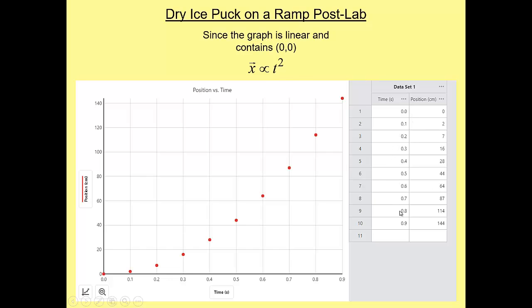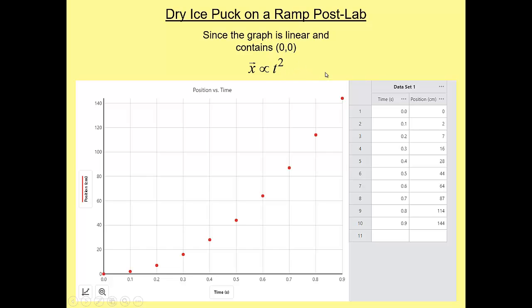Quadruple the time from 0.2 to 0.8, and yeah, we get basically 16 times the position. 7 times 16 is not quite 114. It's like 112, but it's still pretty close to being 16 times. So that's what I mean when I say position is proportional to time squared.